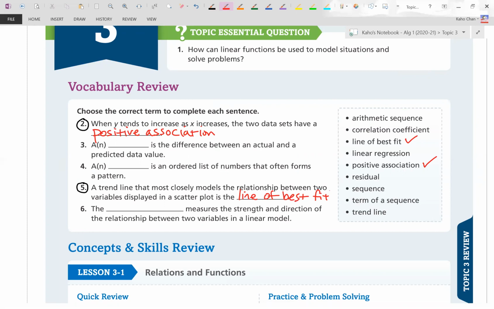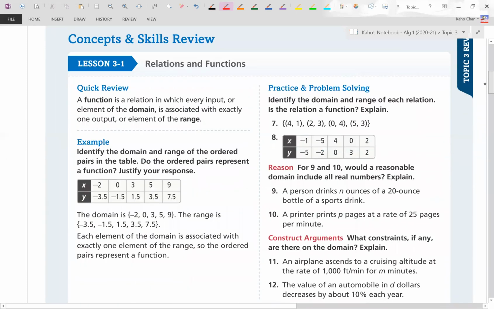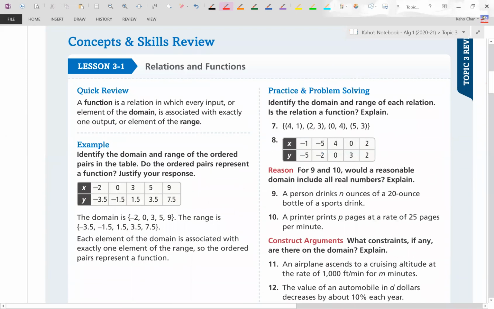Let's go ahead and get started on the first section now, 3-1, called Relations and Functions. Some vocabulary here, of course. A function is a relation in which every input or element of the domain is associated with exactly one output or element of the range.